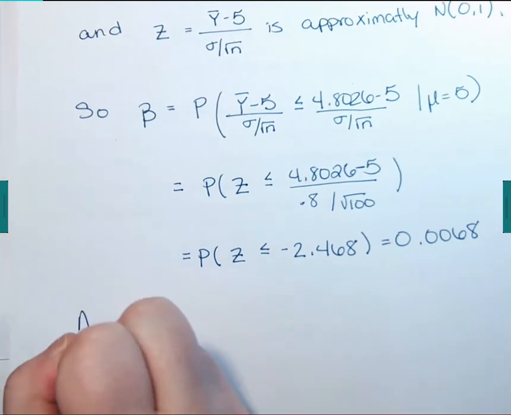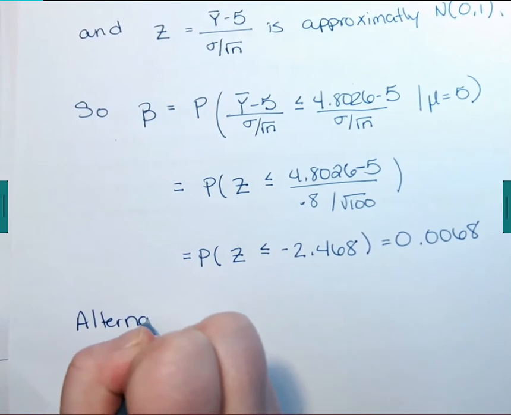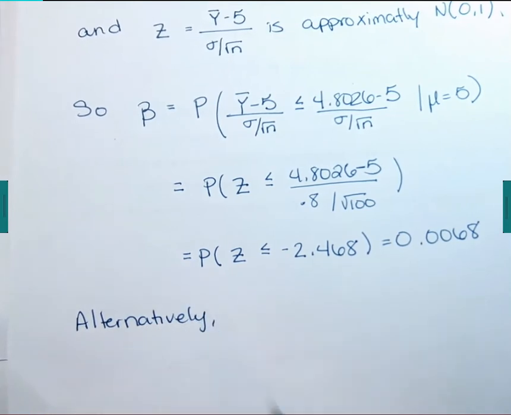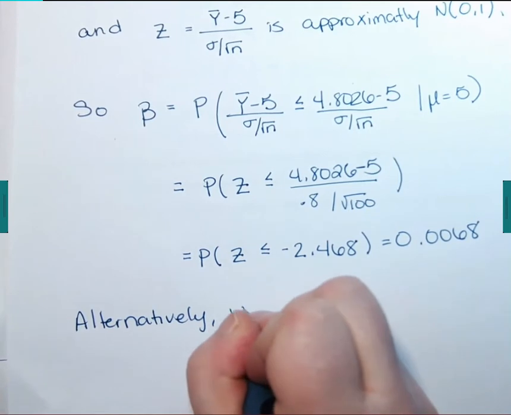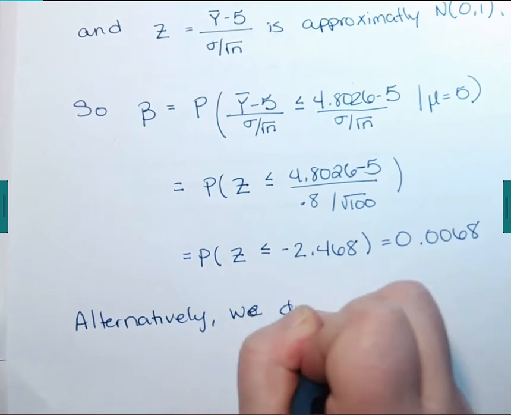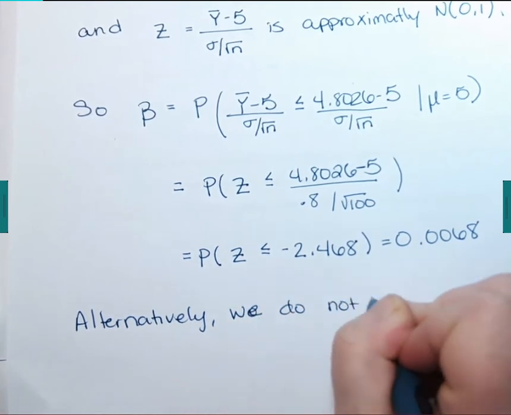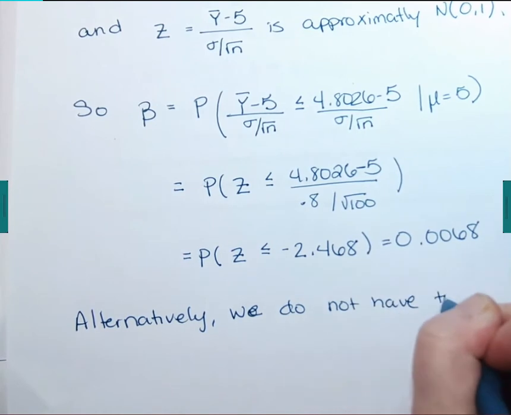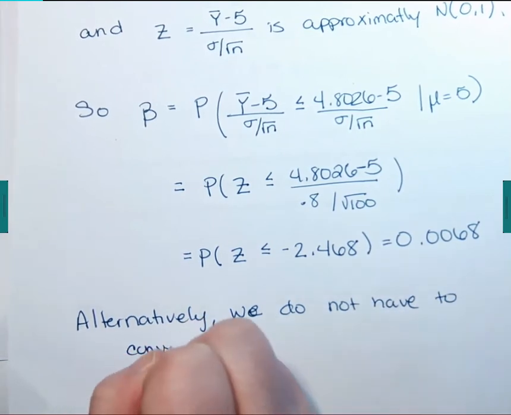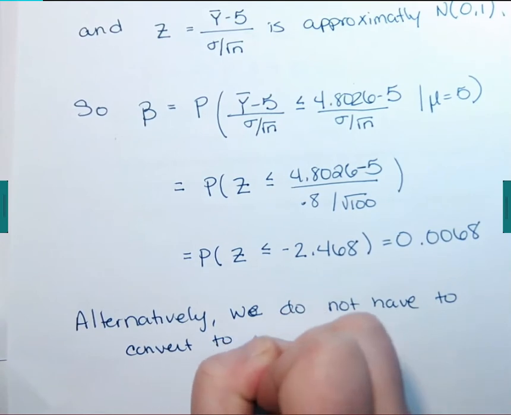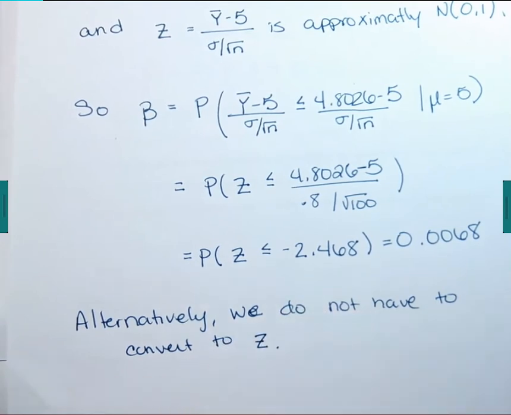Now, alternatively, we do not have to convert to the z. And so this is going to relate back to when we had options when working with the sampling distribution.